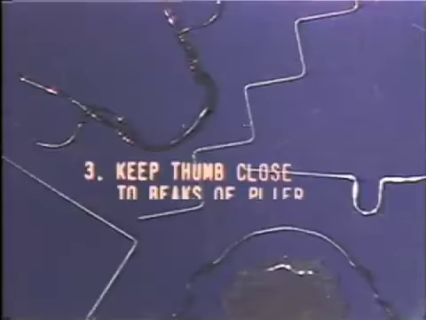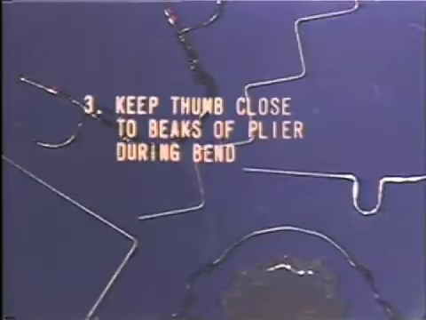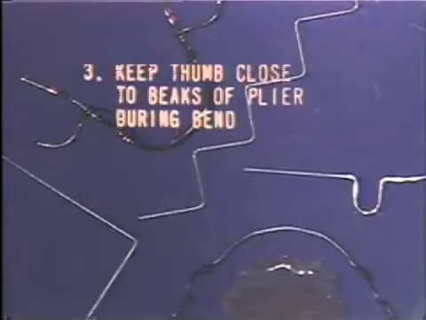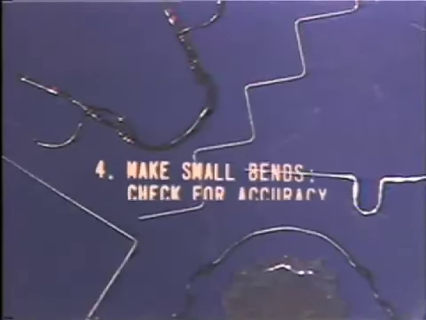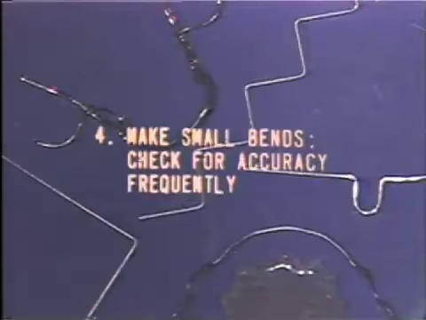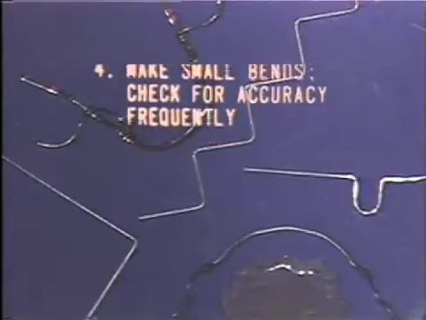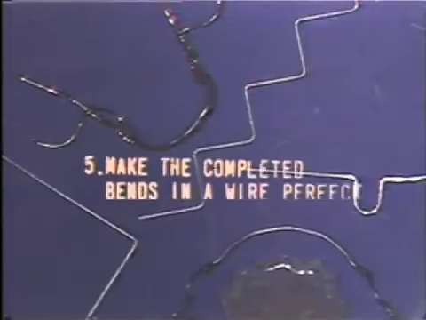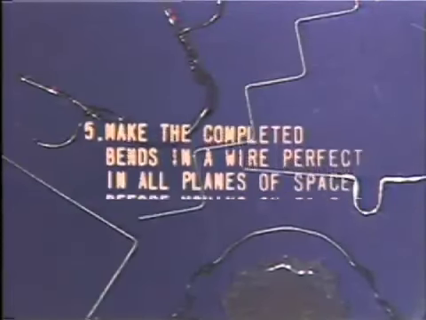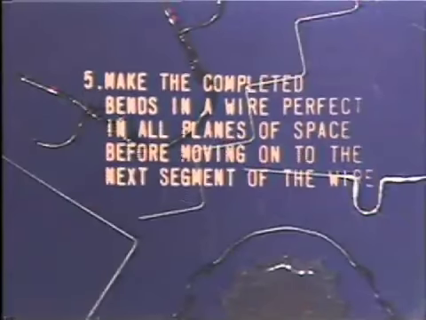Third, keep your thumb or finger bending the wire as close to the beaks during the bending movement as possible. Fourth, make small bends in a wire and check for accuracy on the pattern or the work model after each bend. Lastly, make the completed bends in a wire perfect in all planes of space before moving on to the next segment of the wire.